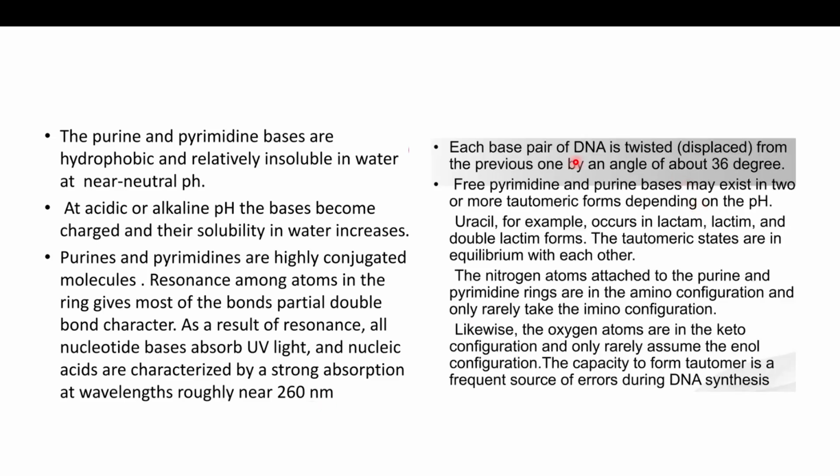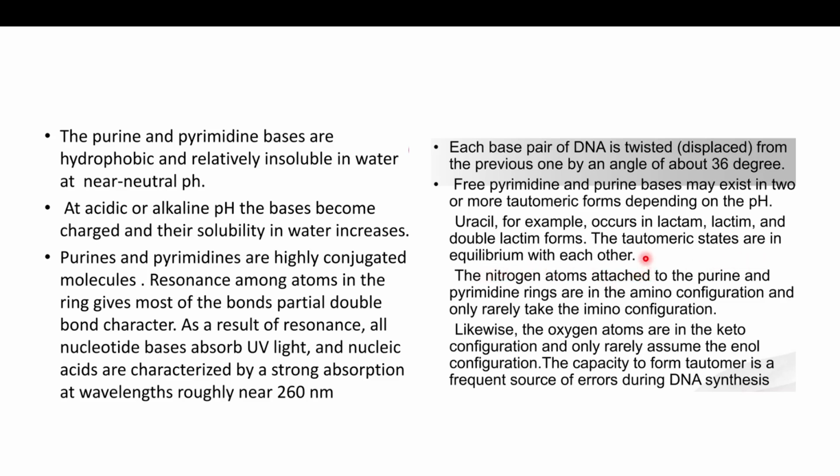Okay. So each base pair of DNA is twisted or displaced from the previous one by an angle of about 36 degrees. And if we talk about free pyrimidine and purine bases, these bases can exist in two or more tautomeric forms depending on what is the pH of the surrounding medium. So if we talk about uracil base, for example, it occurs in lactam, lactim and double lactim forms, and these tautomeric states are in equilibrium with each other.